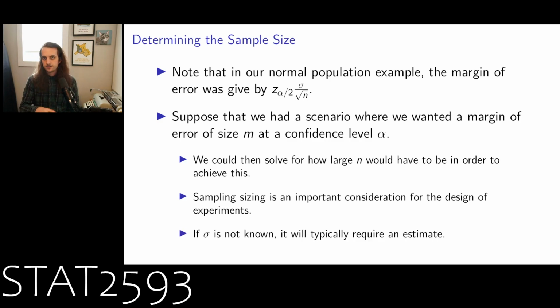Now, if sigma is not known, which is going to be typical, it's going to typically require an estimate, but that's going to be okay, right? And so then the idea is, using these confidence intervals in a slightly different way, we can start to plan out the experiments that we're going to run.